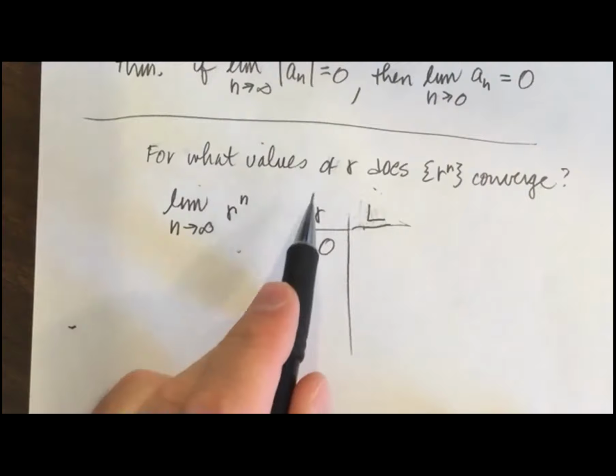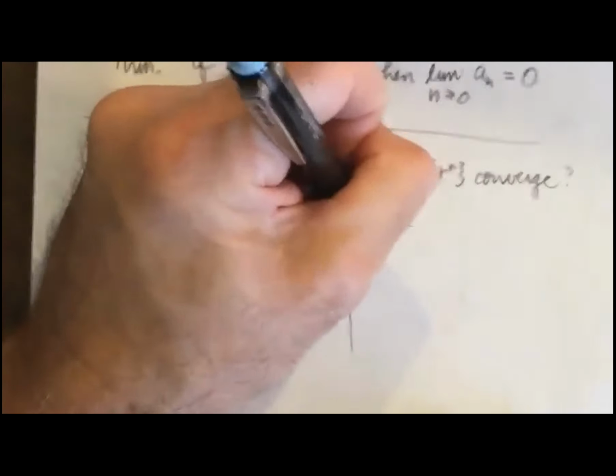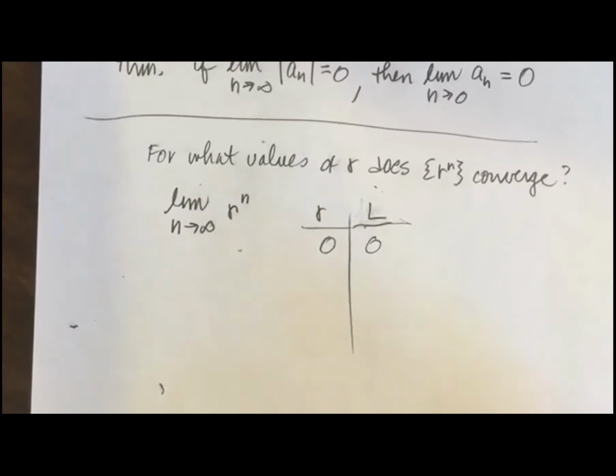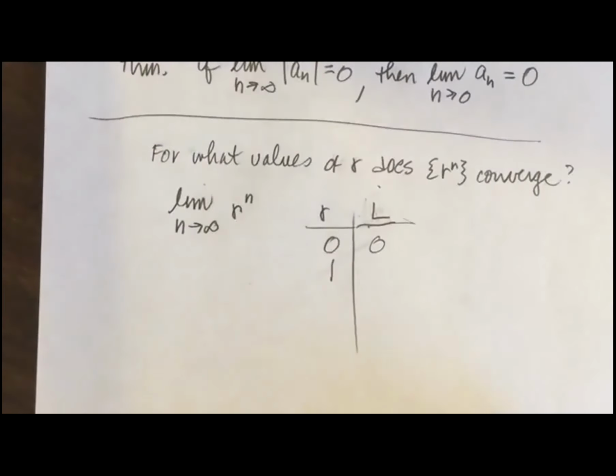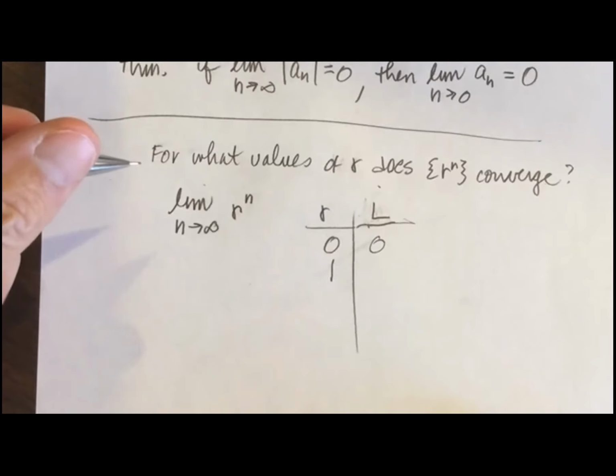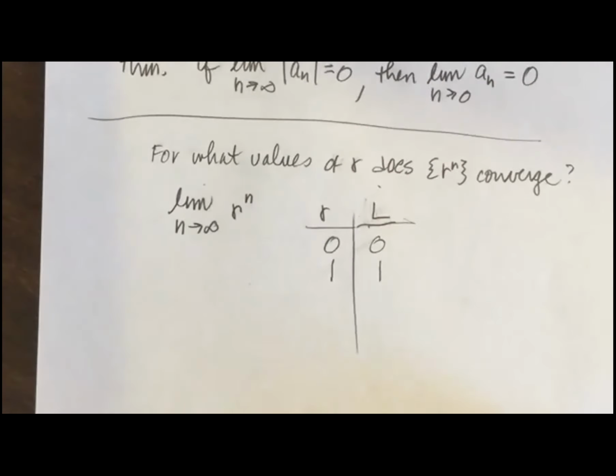They're all 0. What's the limit? 0. Okay, that looks good. What if R is 1? So the limit is 1, because what's 1 to the 1, 1 to the 2, 1 to the 3? They're all 1s, aren't they? You doing good so far?